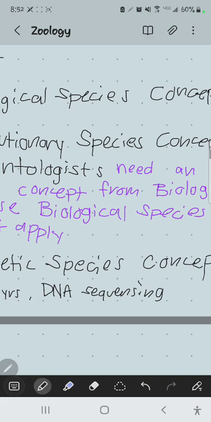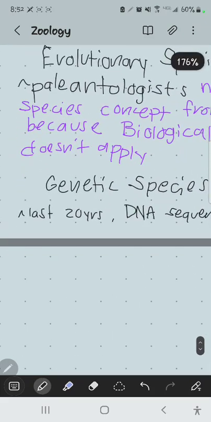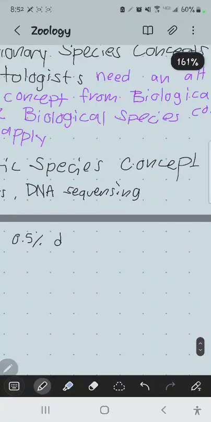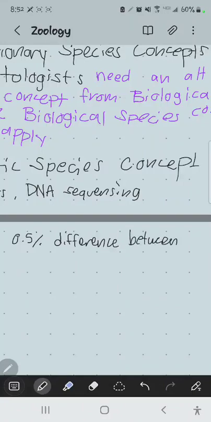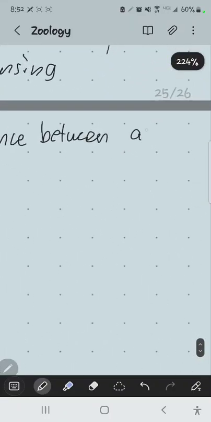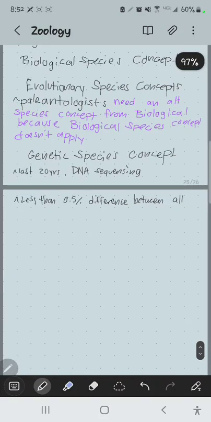There's less than a 0.5% difference among all the humans on the planet. So if you compare, say, Native American populations with native populations from Africa or Australia, among all humans there's less than 0.5% difference in the DNA.